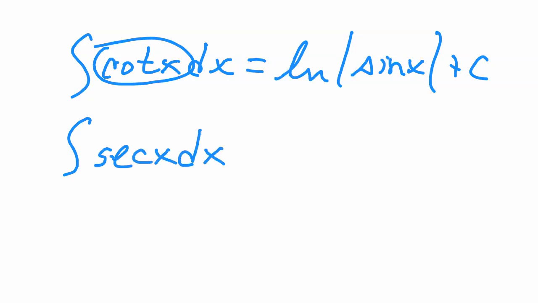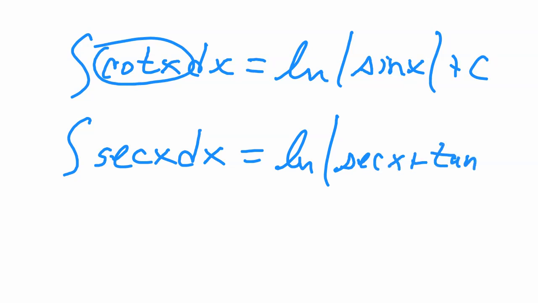Secant, remember, is 1 over cosine of x, but this is going to actually be the natural log of the absolute value of secant x plus tangent of x, and then plus c. And once again, I'll let you go through and take the derivative of the right side and make sure that you end up with secant x when you do that.